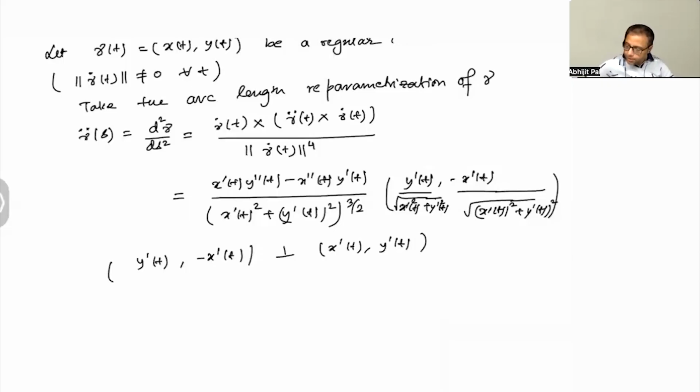And the denominator here is equal to norm of gamma dot t.